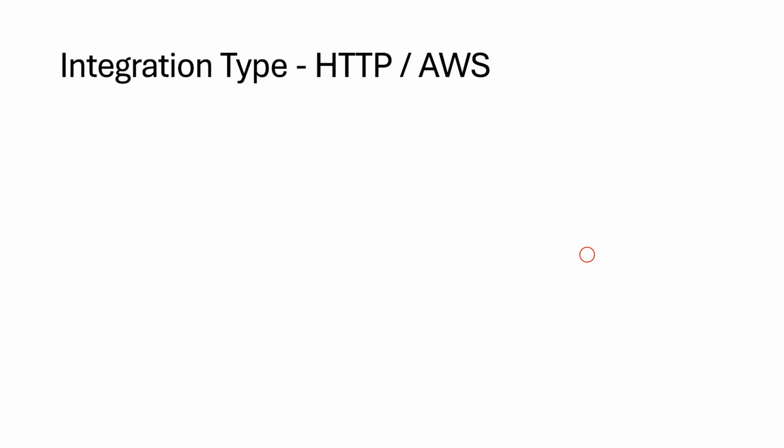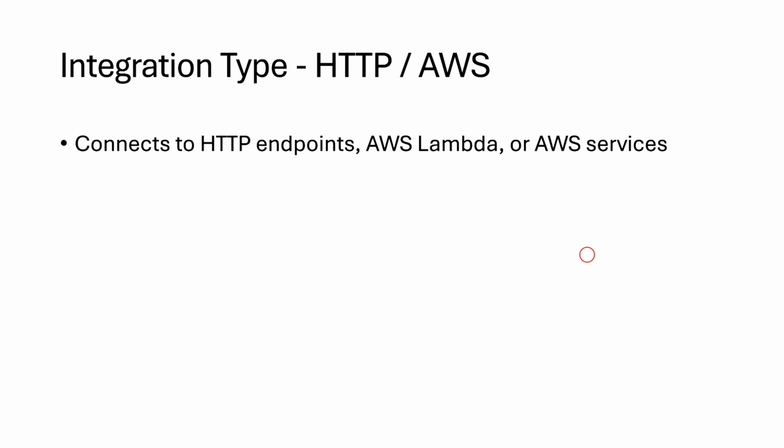In that case, you could use this integration type, or you can interact with Lambda, or with other AWS services like SNS, SQS, Step Functions, and a number of other AWS services. So you can use that.